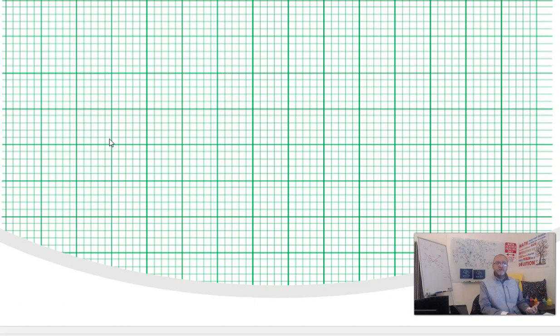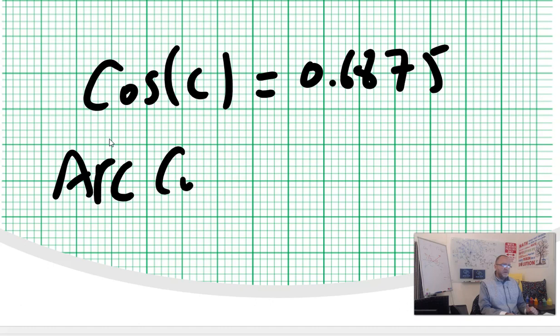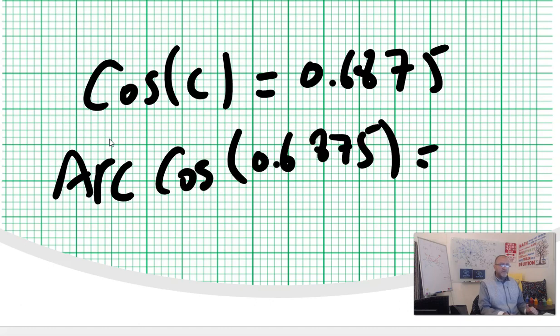I started with the law of cosines with the largest angle. That's the restriction, and I'm following the restriction. I get cosine C equals 0.6875. If you take the arc cosine of 0.6875 on your calculator, you're going to get the radian, and then you will get 46.6 degrees, where the difference is in the tenths due to rounding errors, of course.